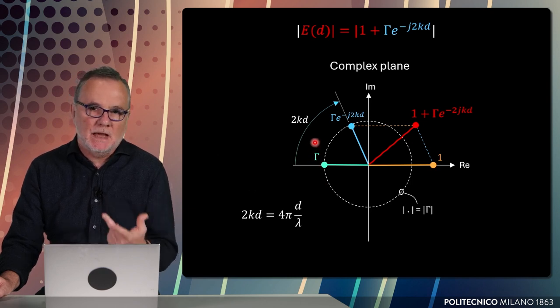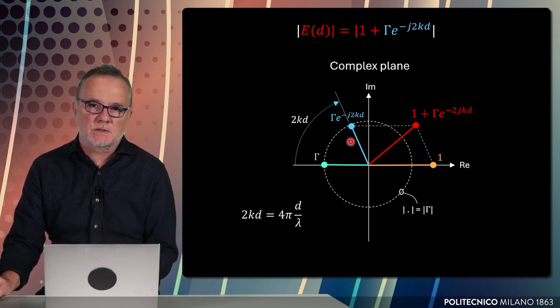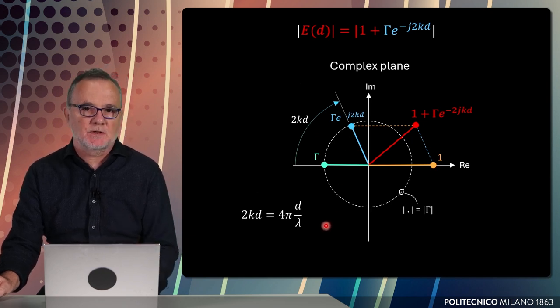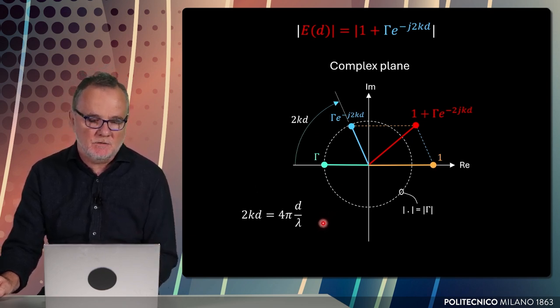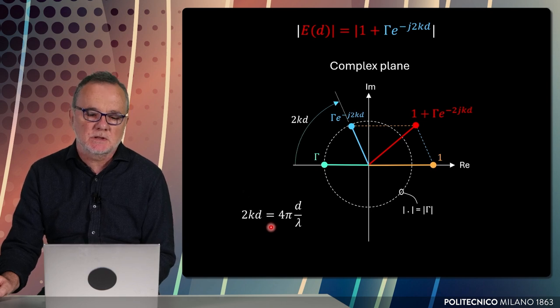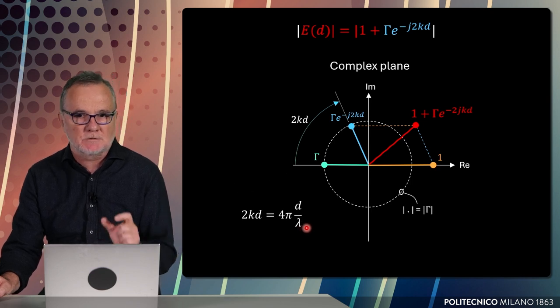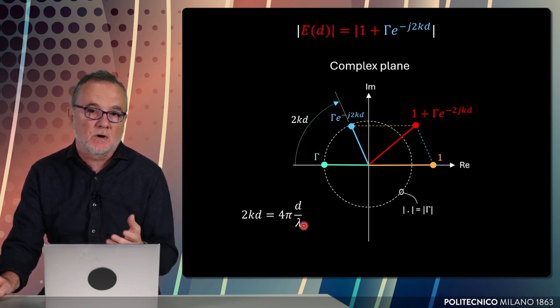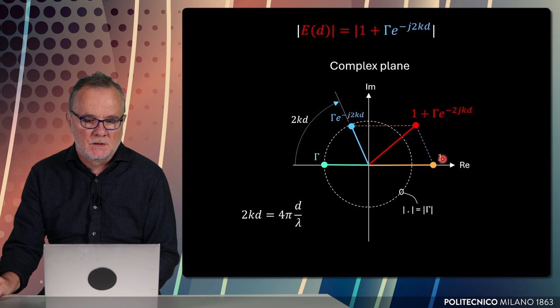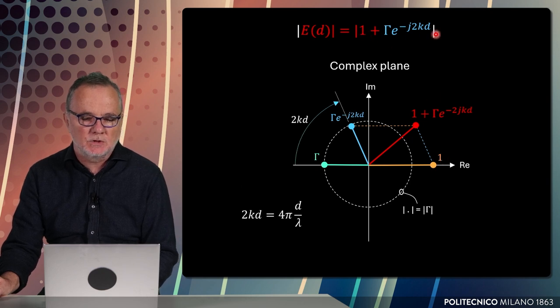2kd is the angle of this complex number, and once we substitute in place of k its expression as a function of lambda, 2kd can be written as 4 pi d over lambda, so that we observe that the important parameter is the distance from the interface in terms of wavelength. So what is the sum of these two terms?